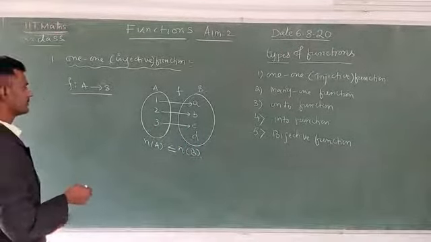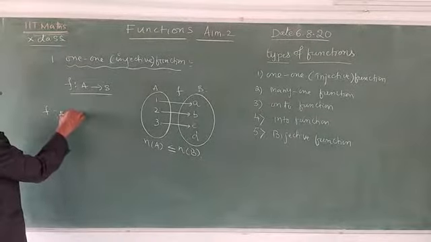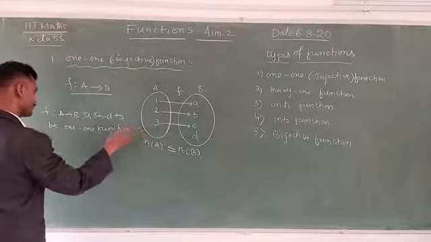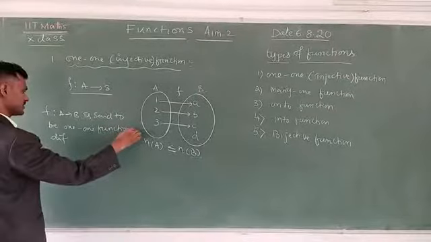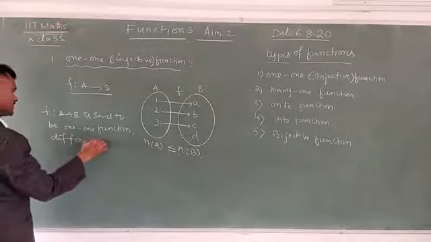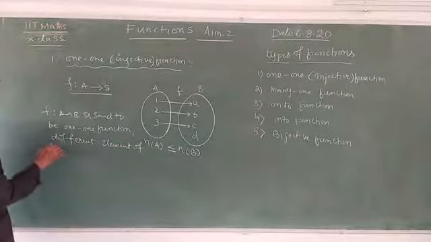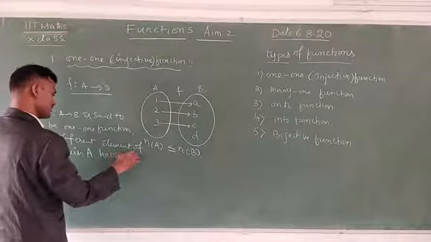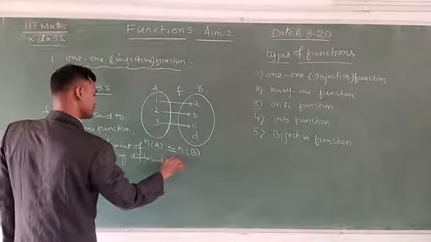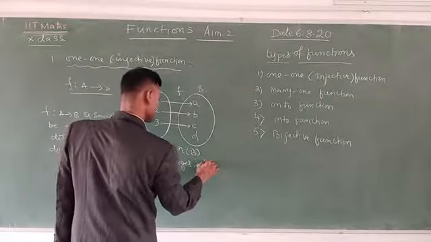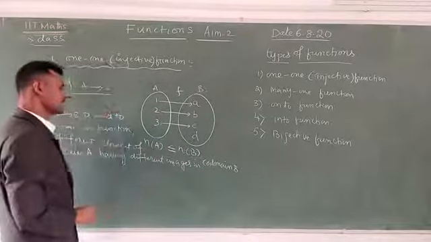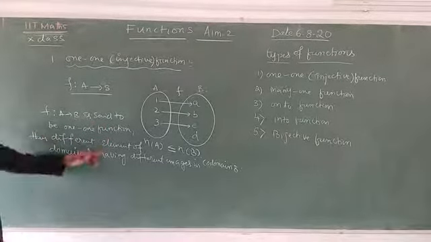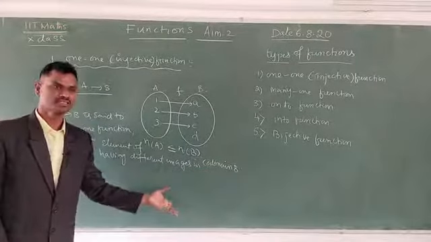Definition: F from A to B is said to be a one-one function if different elements of the domain have different images in codomain B. This is a one-one function.